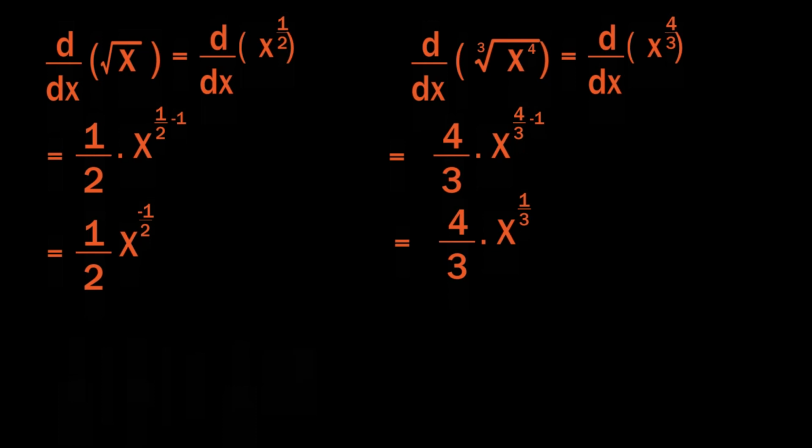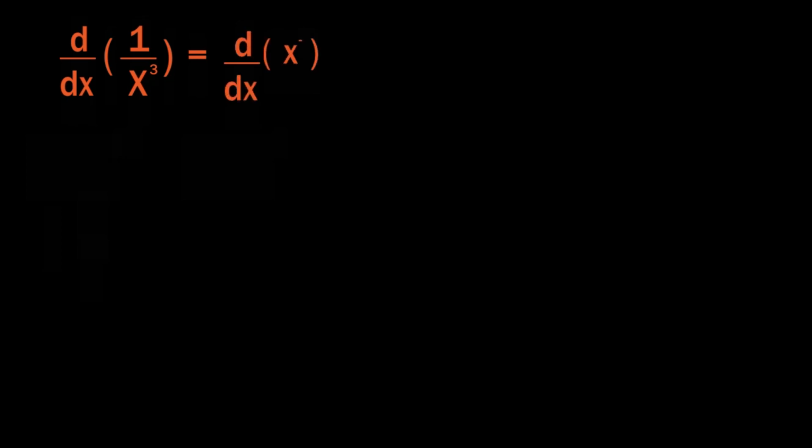So let's try some example. Let's say we want to find the differentiation of 1 over x cubed. So similarly, we always rewrite the format so that it is like this. So 3 in the denominator, you bring to the numerator, it will become negative. So x to the power of negative 3.